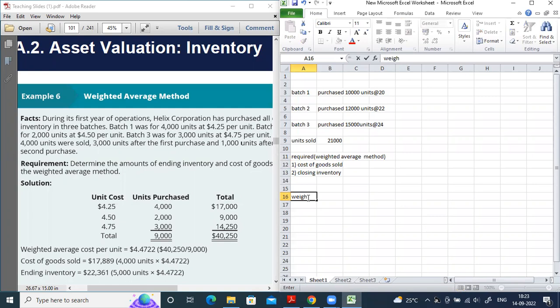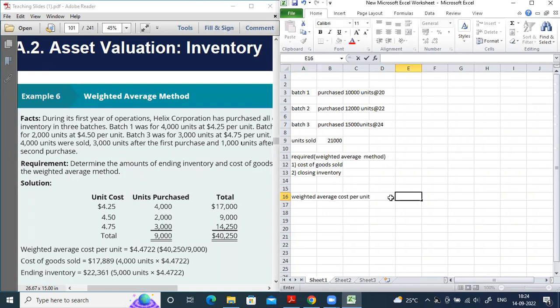Sir, 22.270. 22.270, weighted average cost per unit. Let me once check it. 22.270, right? So first, total cost.